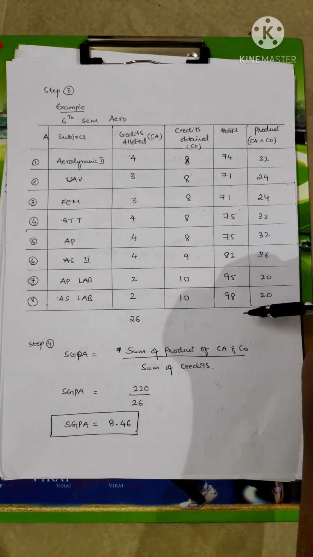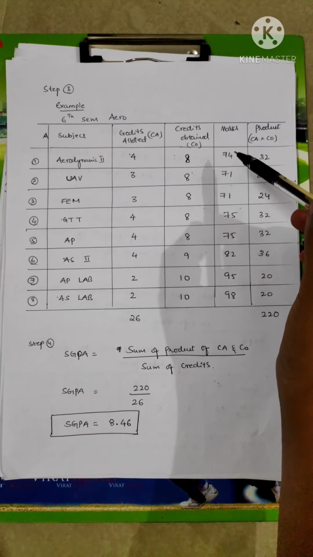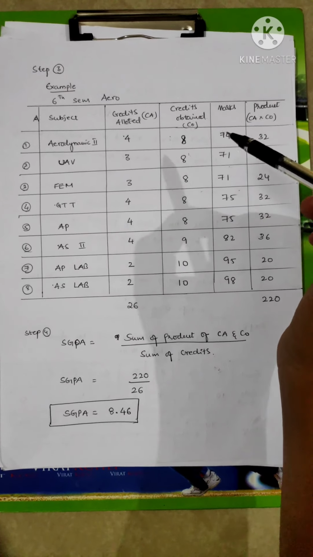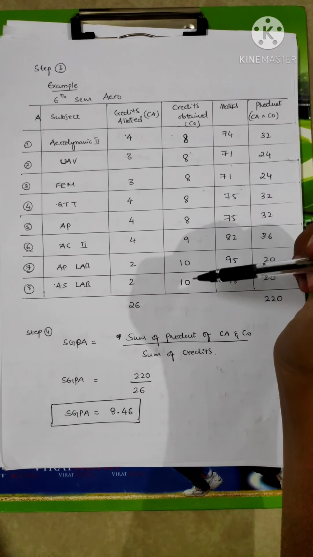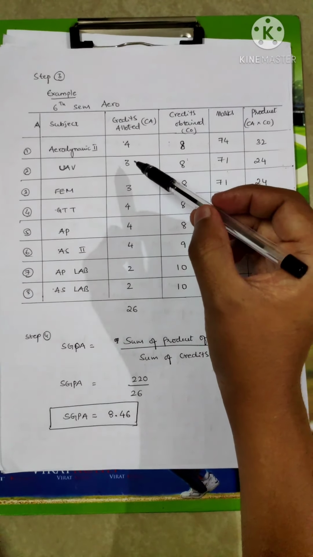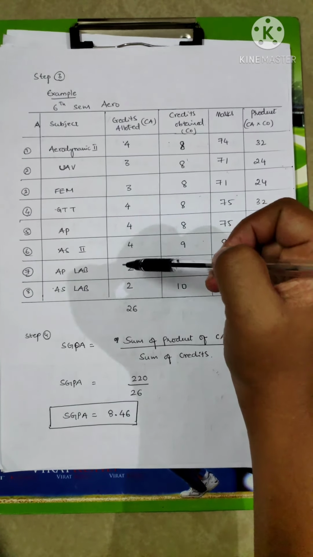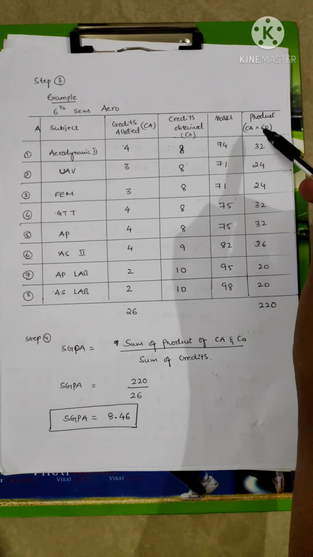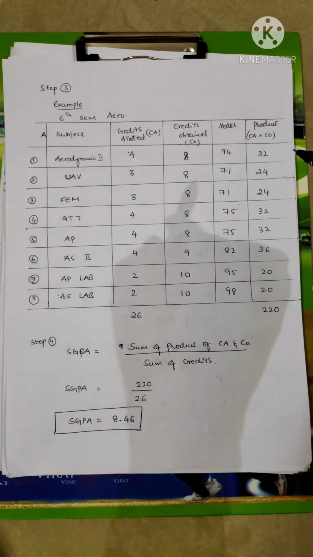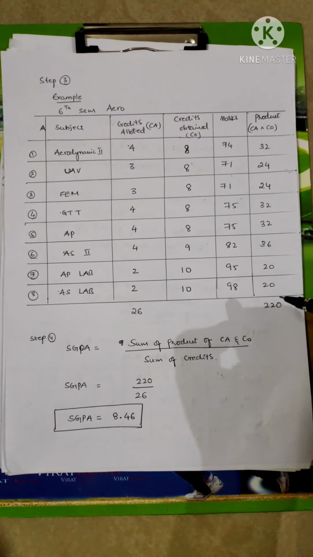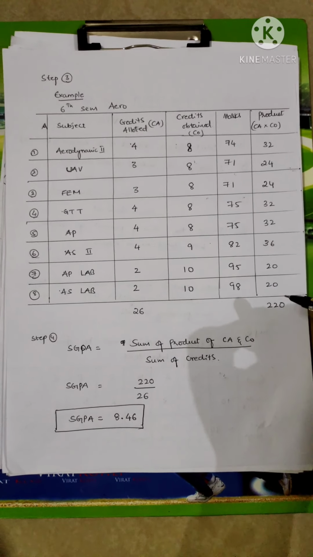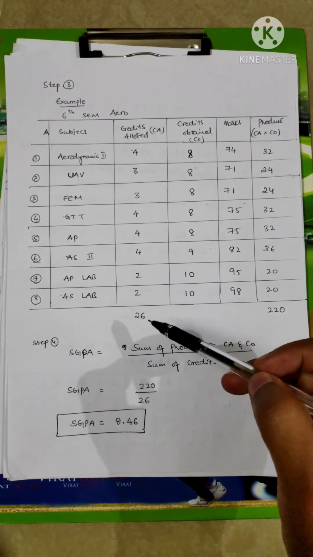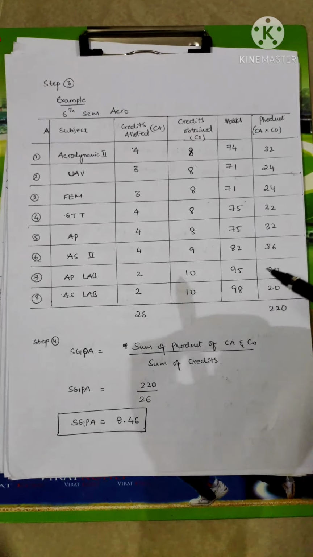So these are the marks which I obtained, and I compare these marks with the previous table, and I got these grade points, and I took the product of the credits allotted and grade points obtained, and I get the products. So I add all these products and I get the sum of all the products. Then I add all the credits which are allotted, and I got 26.